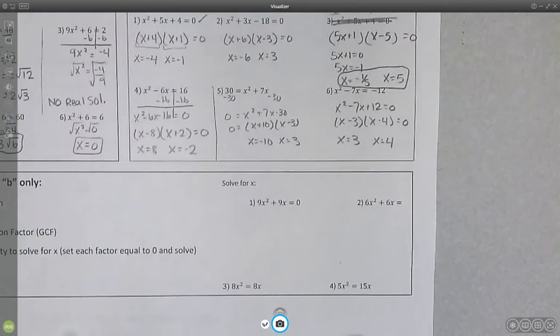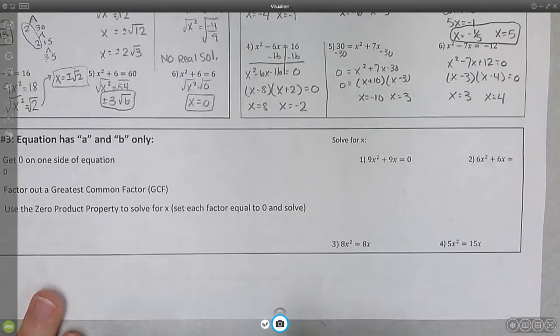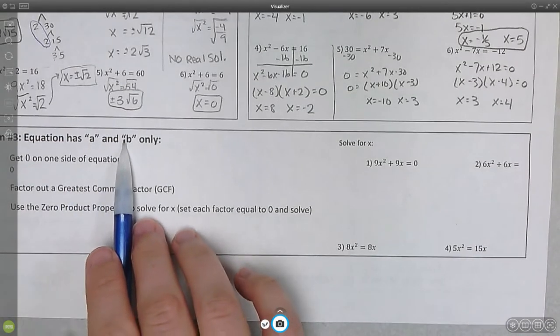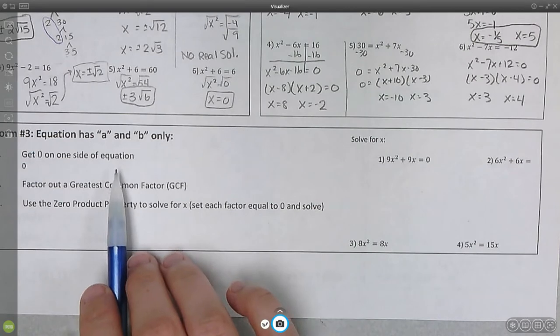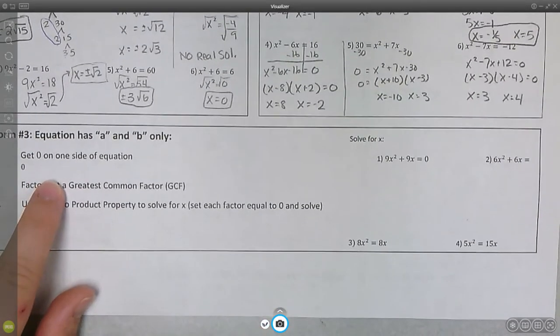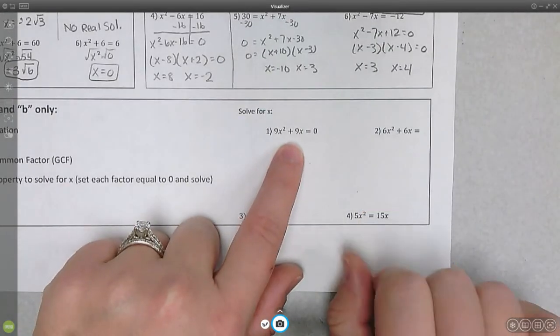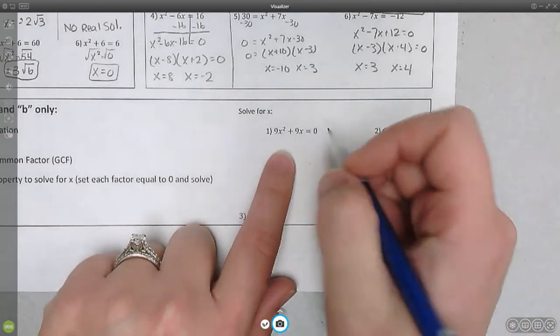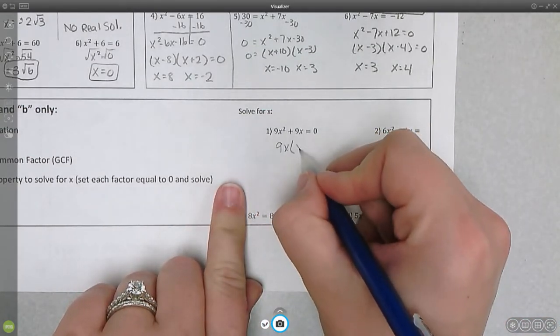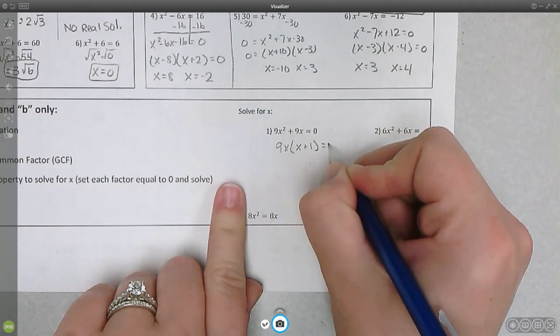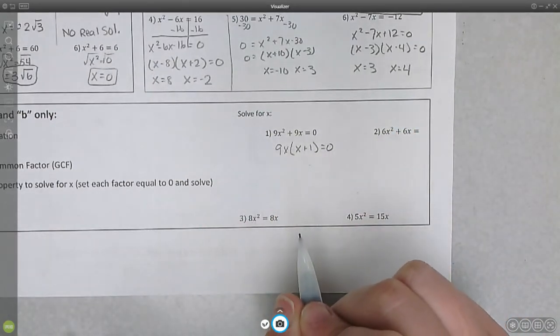Okay, and then the last one we have is if you have an a and a b only. So the first thing you want to do is get 0 on one side of your equation. So we got that one here. Then factor out your greatest common factor, so 9x, and we're left with x plus 1. And then use zero product property to solve for x.